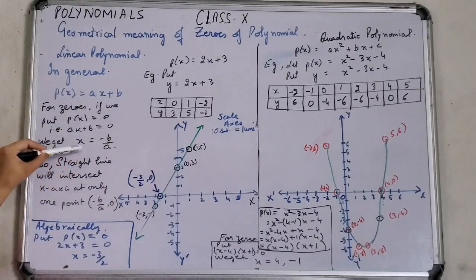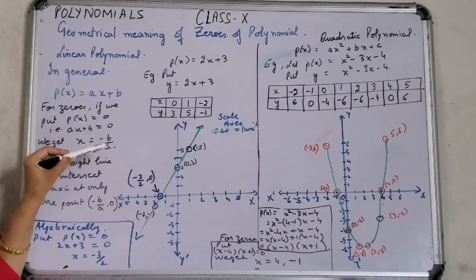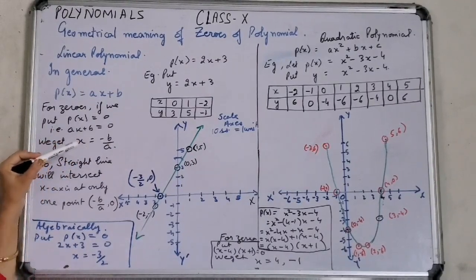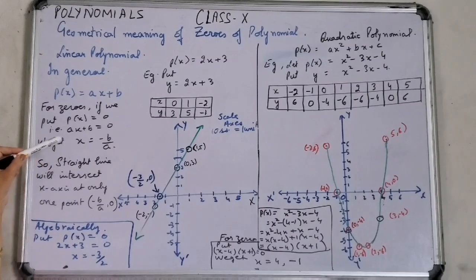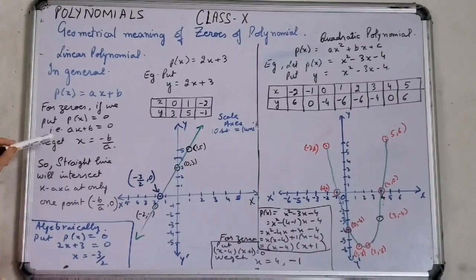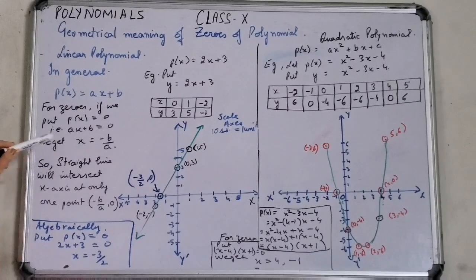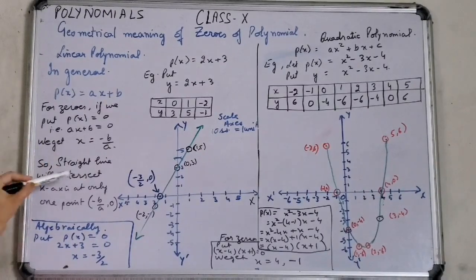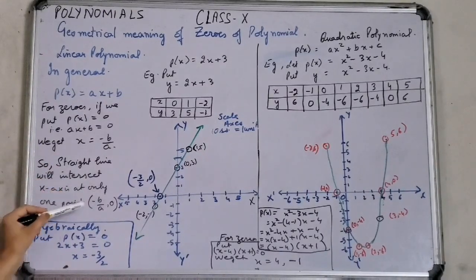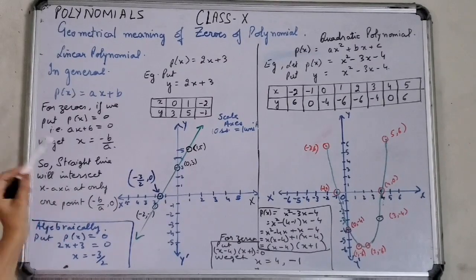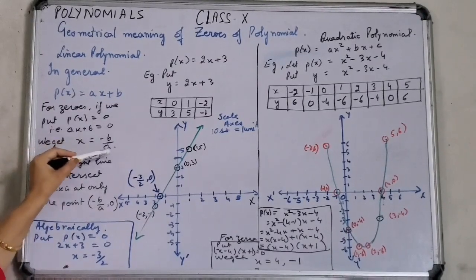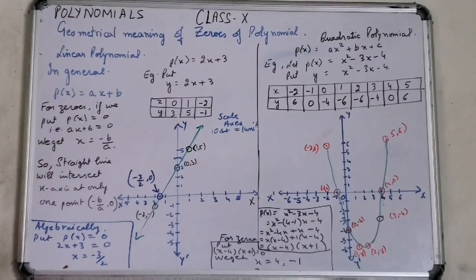On working out, I get x is equal to minus b upon a. So minus b upon a is the zero of the polynomial. Now, we take the same thing up geometrically. A straight line will intersect the x-axis at only one point, that is, minus b upon a and 0, because when x is minus b upon a, obviously y will be 0.